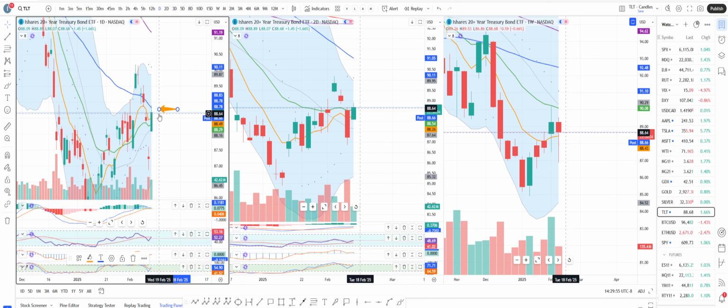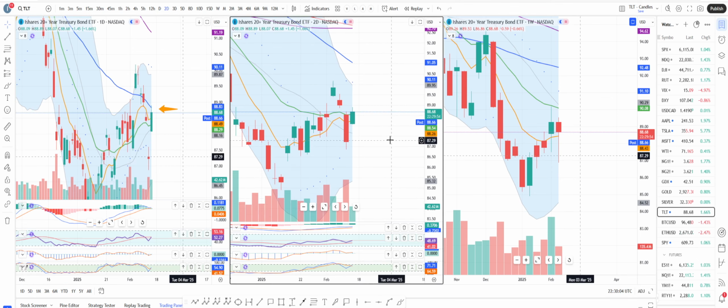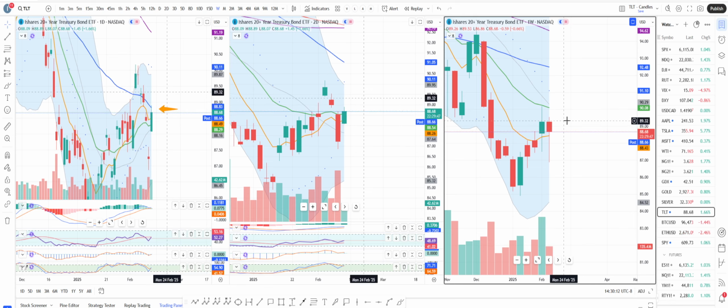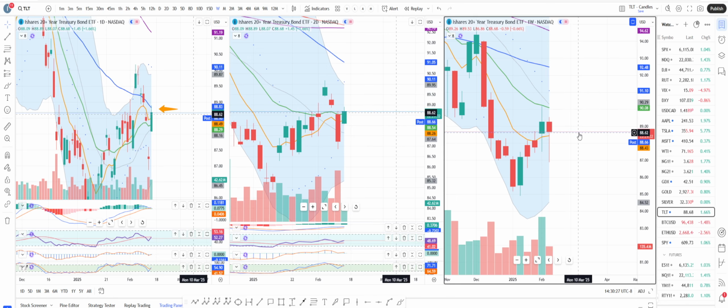Should it close just 1 basis point higher, we would be strongly bullish here. However, we have to wait. There is no 2-day candle today, and we are looking for tomorrow to bring clarity. The weekly candle is so far bearish, but tomorrow will be a critical day. We can see if this bearishness is negated and TLT recovers from this bearish attack earlier this week.